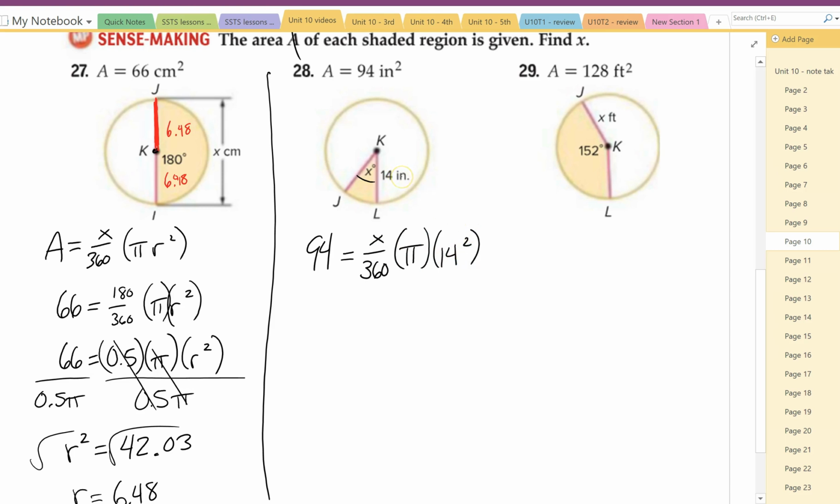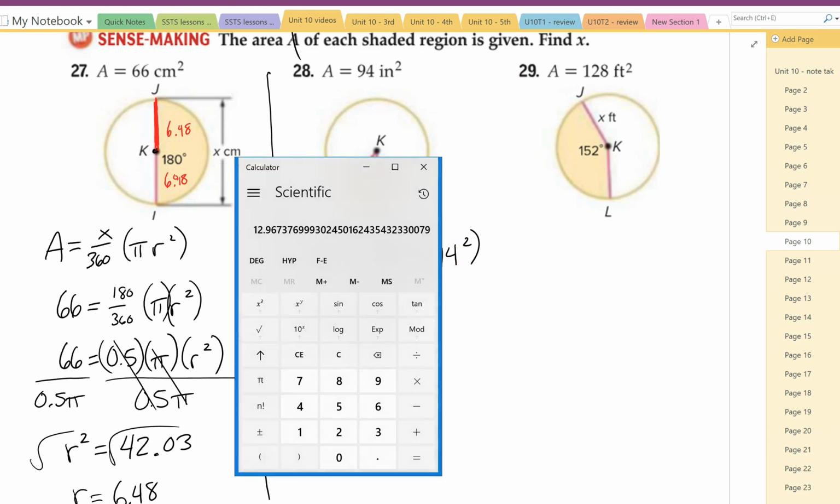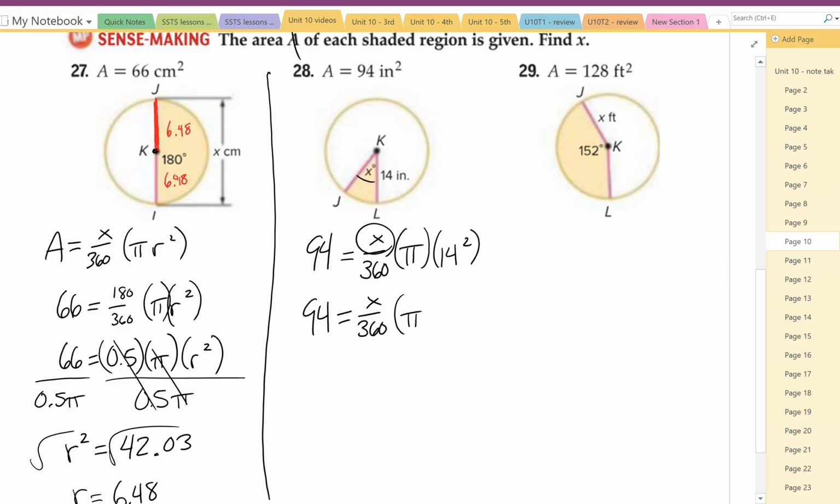Because 14 is the radius. So I got to get this by itself somehow. 94 equals x over 360 times pi times 14 squared. But let's figure out what 14 squared is. 196.